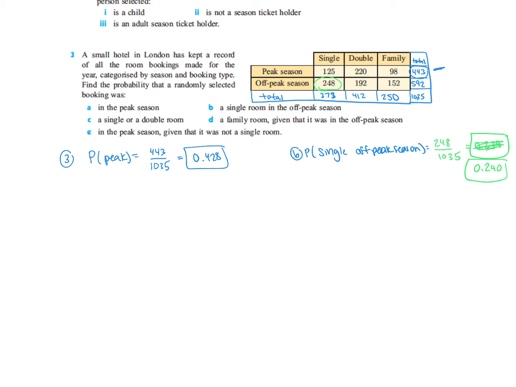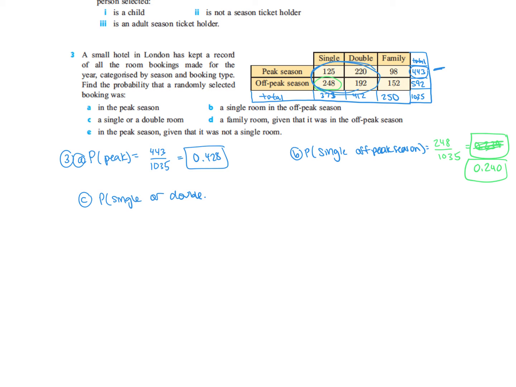Then in part C, it says a single or double room. So single or double means it could be basically any of these.